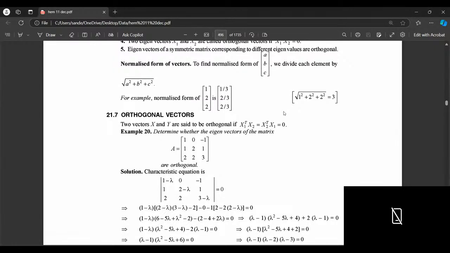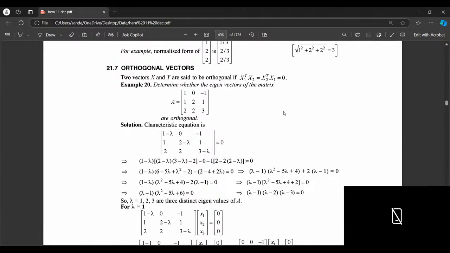For this matrix, the determinant of A minus lambda I is written here: 1 minus lambda, 0, minus 1; 1, 2 minus lambda, 1; 2, 2, 3 minus lambda, this determinant equal to 0.